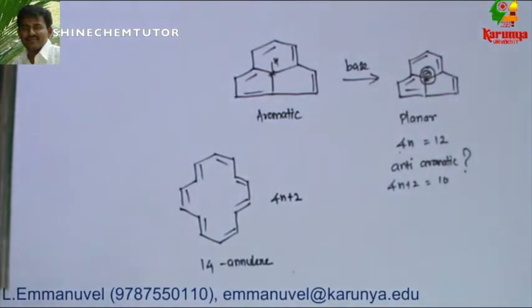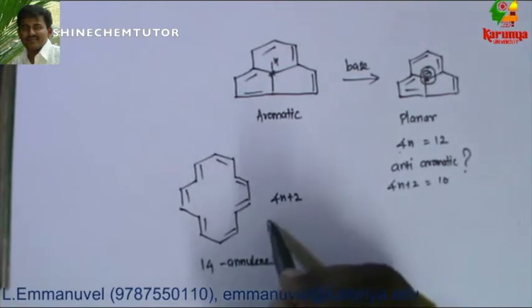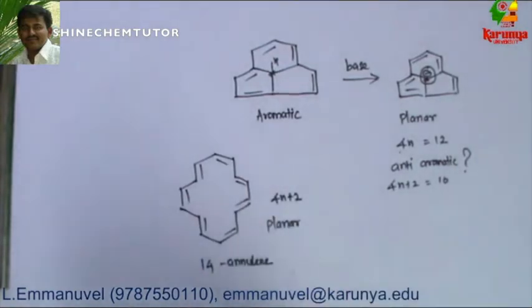Even though the ring size is very big, in order to attain aromaticity, this molecule will be in a plane. So basically it is a planar molecule. Not only [14]annulene, even [18]annulene will be planar.